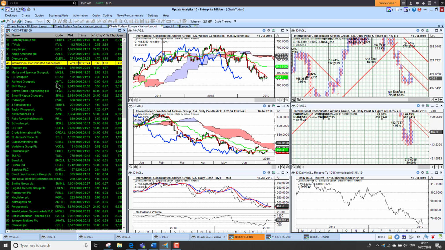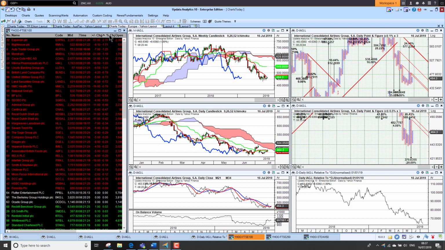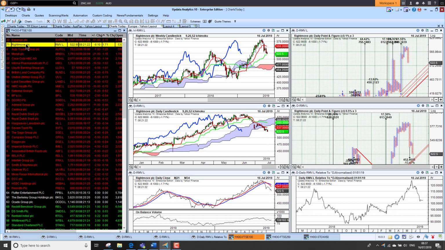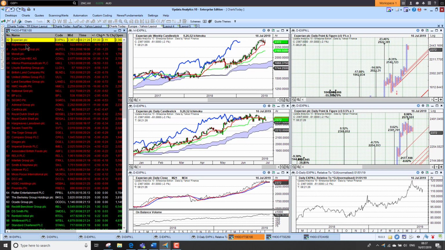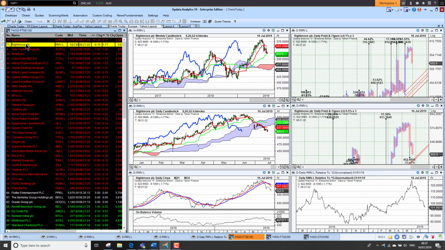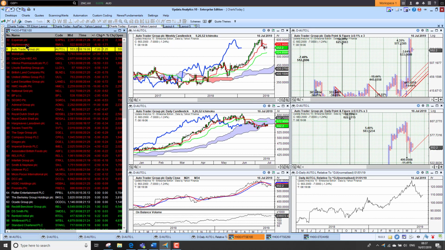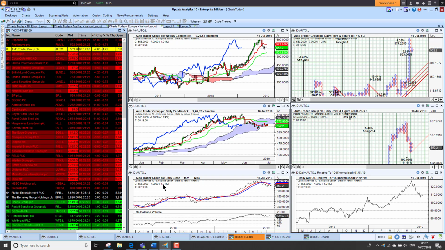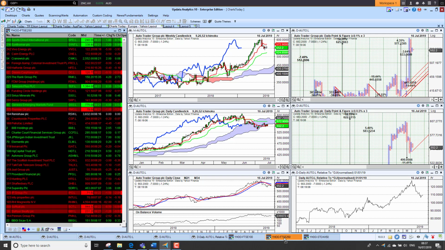Seeing some interesting other ones here. It's Sainsbury's, M&S. We are seeing a little bit on the retailer side. Rightmove down 1.7% this morning. Experian also down. Charts, interestingly, again, the worst performers today are the best looking charts. Experian also looking good, Auto Trader also looking good. So we are seeing a little bit of recycling going on there in terms of performance.